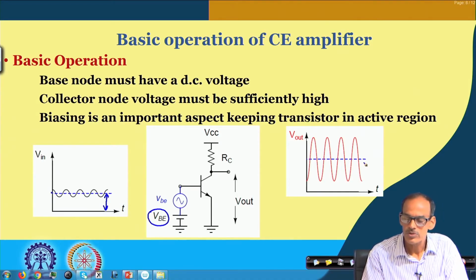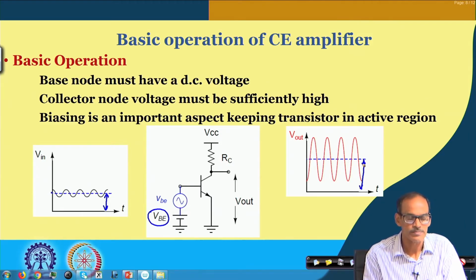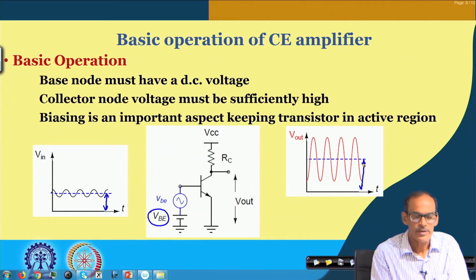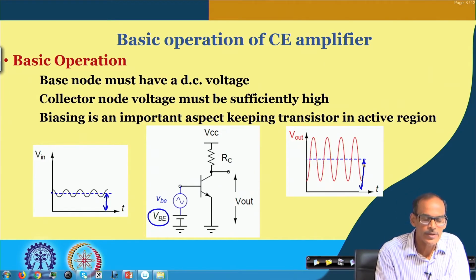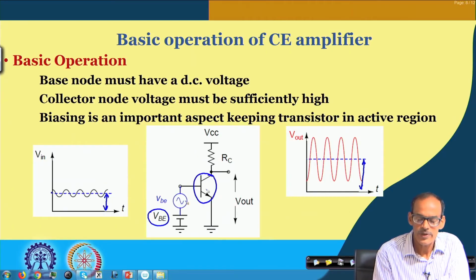Likewise at the output we have a DC voltage. So, we need to remove those things. To have meaningful operation of the amplifier, we need to keep this transistor in the active region of operation.